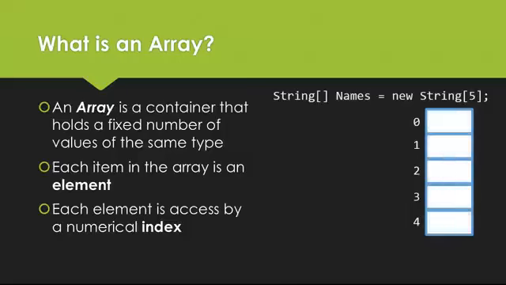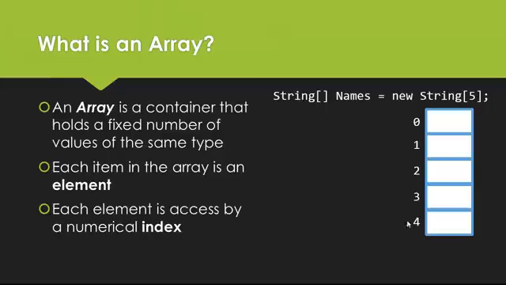So here's an example of me declaring an array of strings in Java. As you'll notice, there's brackets after the data type, and those brackets tell Java that I'm not talking about one string, but I'm talking about an array of strings, that is a contiguous block of strings. How many I want, that's specified in the new statement. It says new String 5, that means 5 contiguous strings. And those strings have 5 elements, and they start at 0 and end at 4.